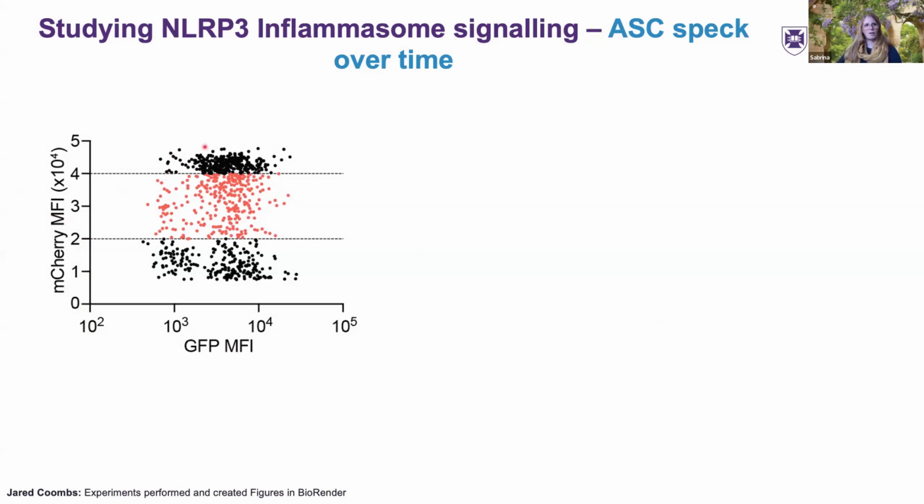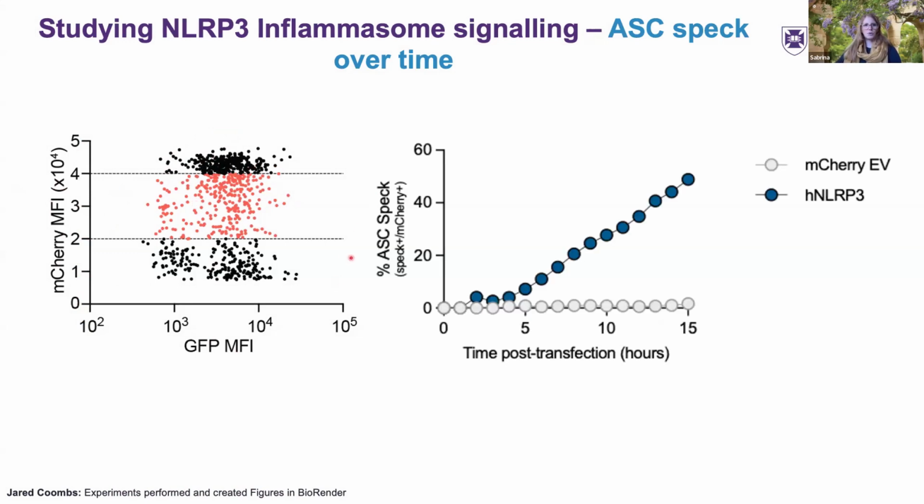So we can see, again, high expressing cells versus intermediate versus low expressing cells. And within these, we can again measure the percentage of ASC specks that are formed over time. Usually with the flow cytometer, we have a single time point on that side of the axis. But we already see that after 4.5 hours, we saw the first appearance of ASC specks.